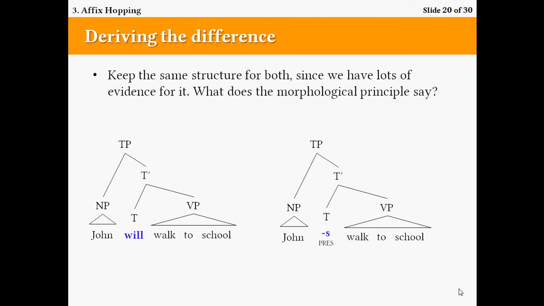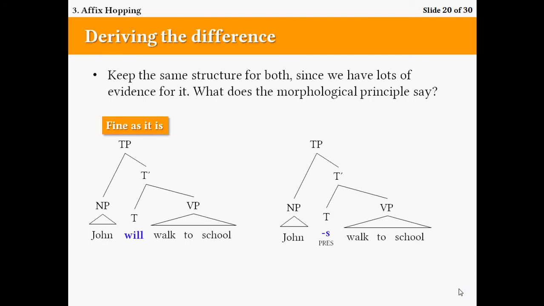So let's look at our two structures. We're going to keep the same structure: there's always a T in between the NP and the VP. John will walk to school, and then John walks to school. The structure is John, present S, walk to school. Let's see what that morphological principle says about these structures. The first one, John will walk to school, is fine.